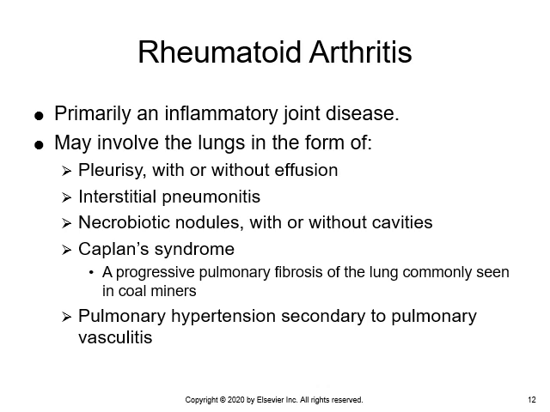Pleurisy with or without effusion is the most common pulmonary complication associated with rheumatoid arthritis. When present, the effusion is generally unilateral, often on the right side. Men appear to develop rheumatoid pleural complications more often than women.